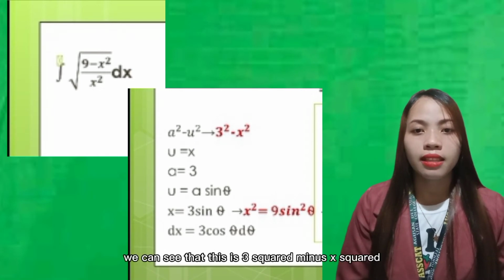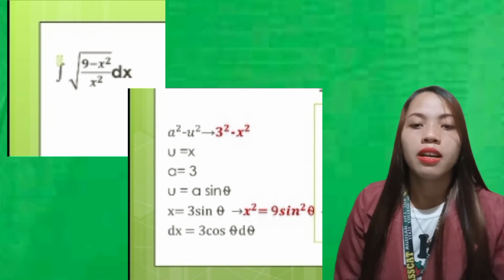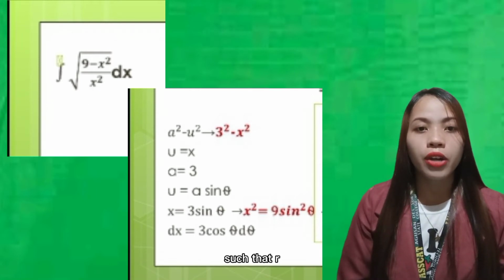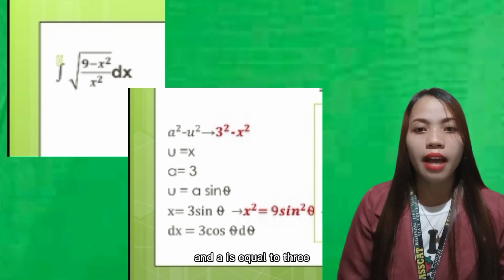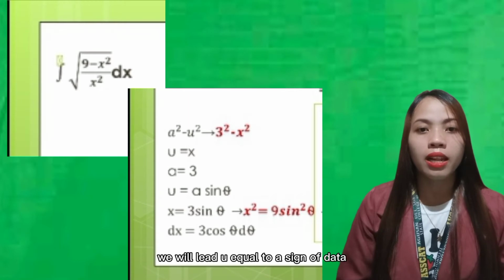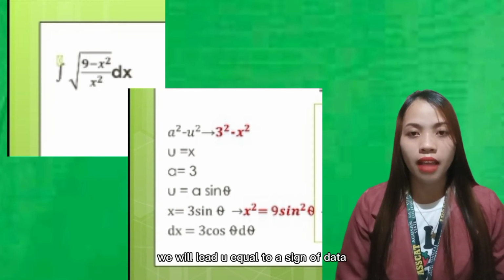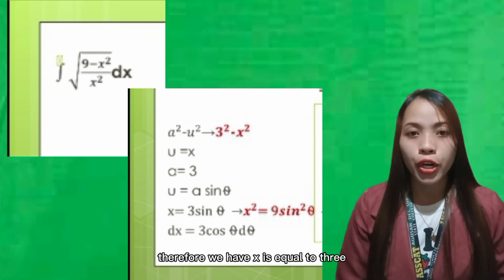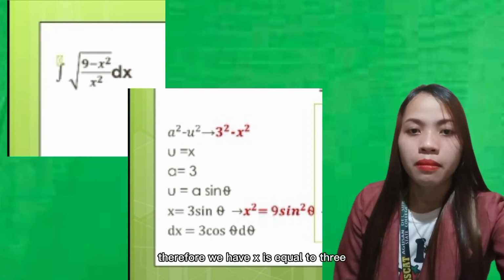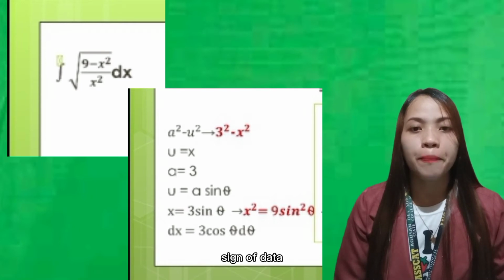We can see that this is 3² minus x², such that our u is equal to x and a is equal to 3. According to our substitution, we will let u equal a sine of theta. Therefore, x is equal to 3 sine of theta.